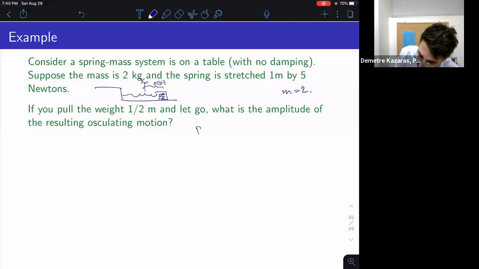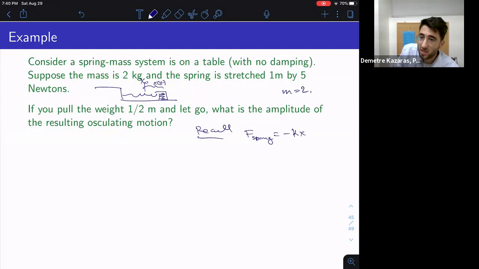Okay, so recall, in order to figure out what that means for the motion, the force from the spring equals minus some constant times the position away from equilibrium.